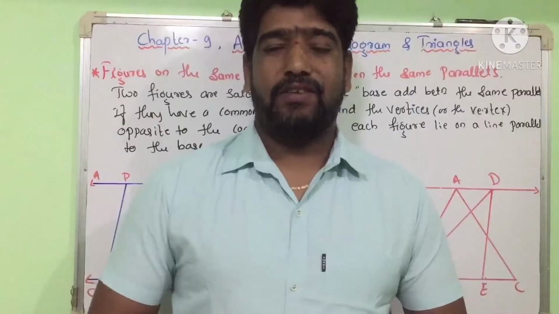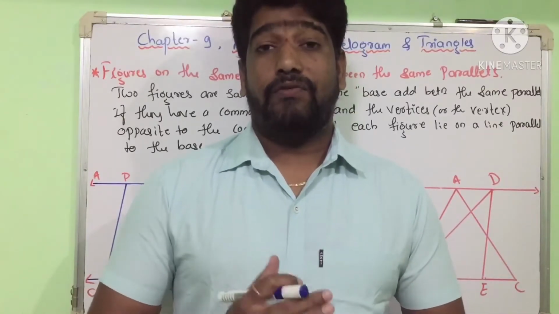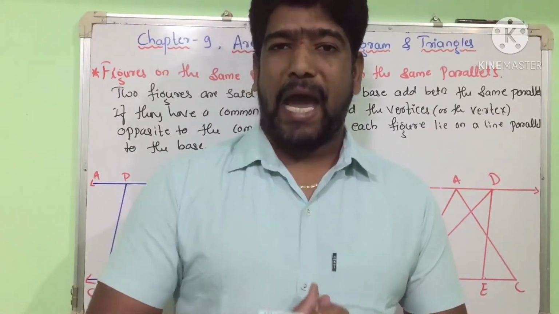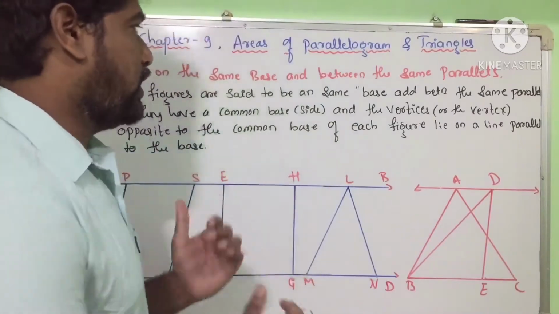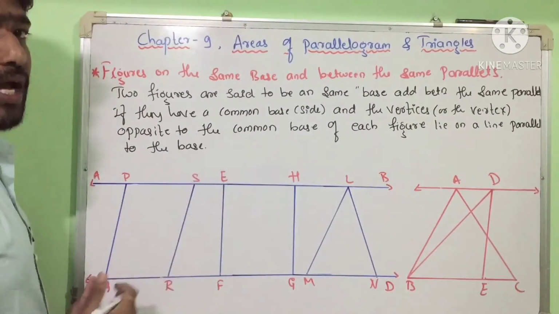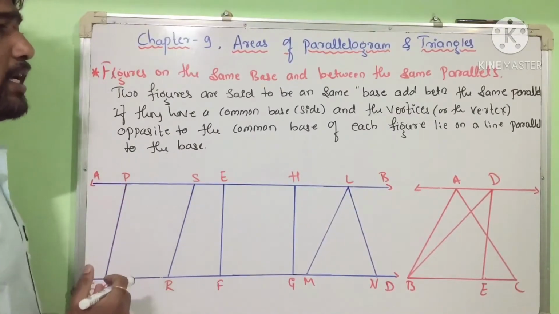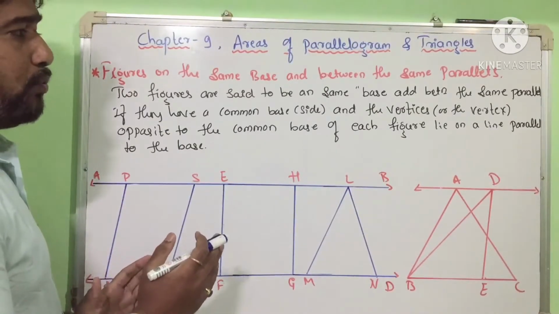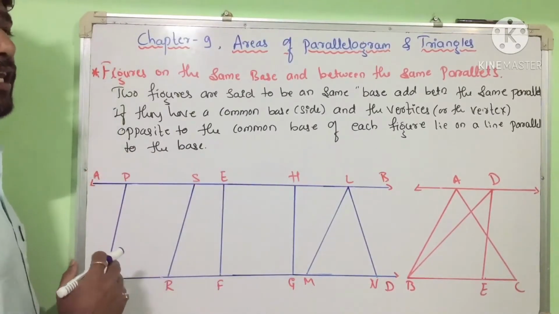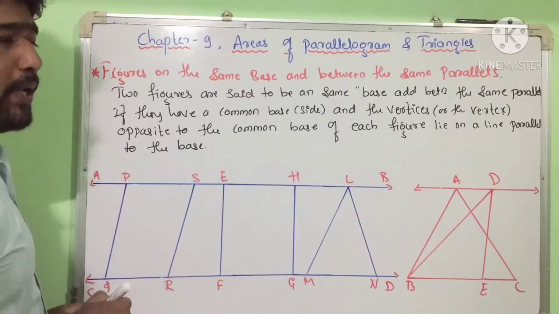Is it clear? Well, students, the next concept is figures on the same base and between the same parallel lines, right? Two figures are said to be on the same base and between the same parallels if they have a common base.